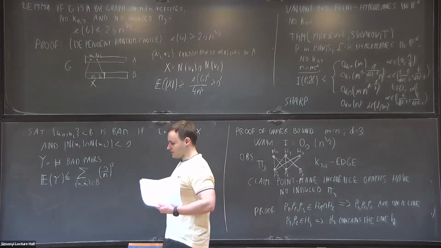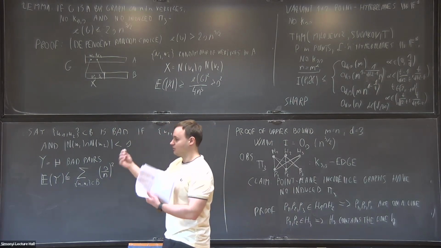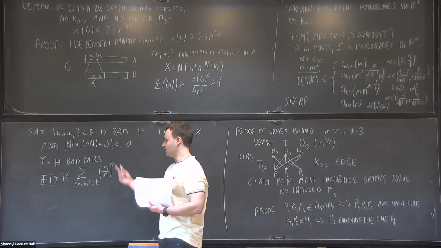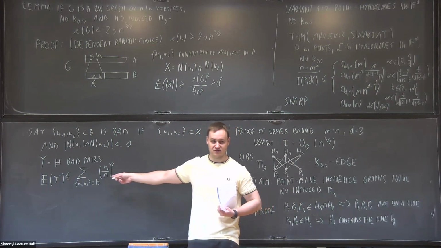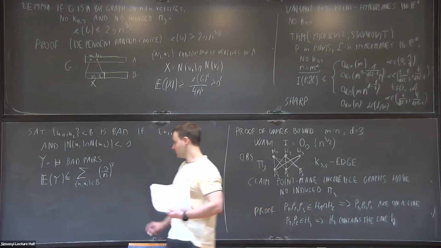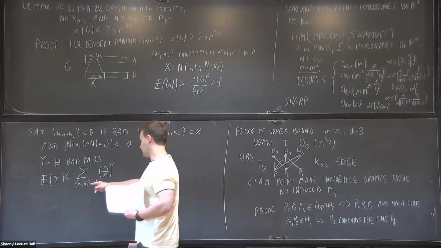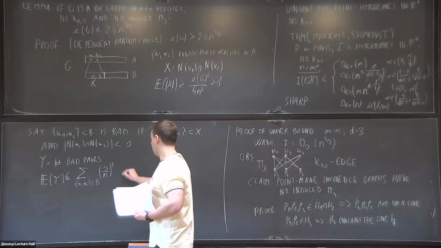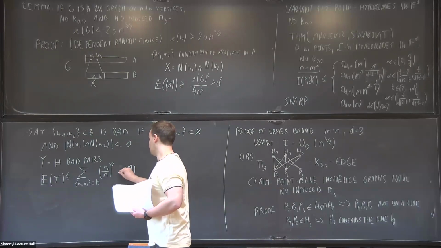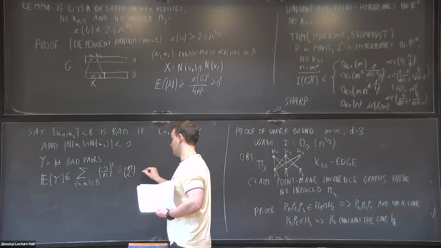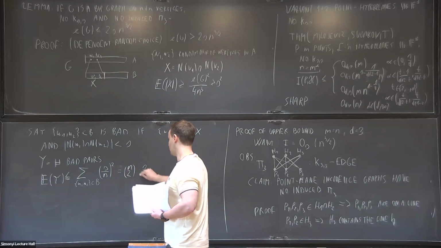V1 and V2 need to be in the common neighborhood of U1 and U2, but it is small, so the probability is just bounded by S over N squared. But this is great because we have a total of n choose 2 pairs. So this is equal to n choose 2 times S over N squared.